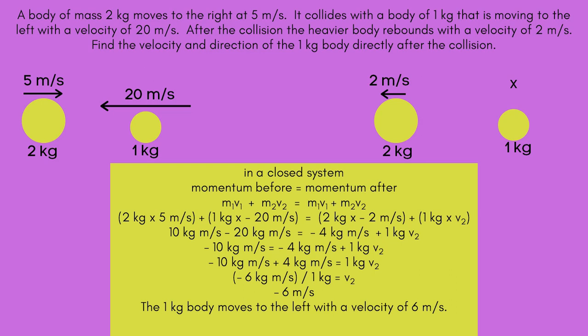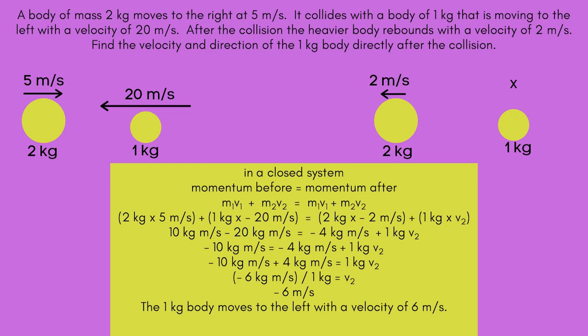Now doing some algebra, we get negative 10 kilogram meters per second is equal to negative 4 kilogram meters per second plus 1 kilogram v2. And finally, after all of that, we end up finding that v2 is equal to negative 6 meters per second.